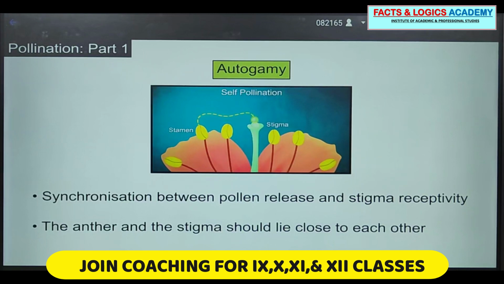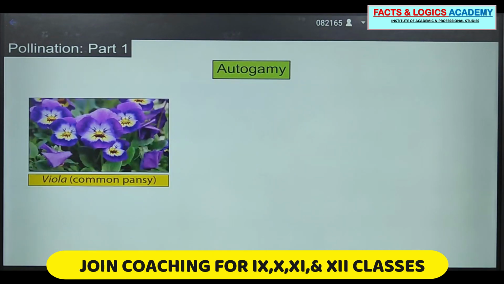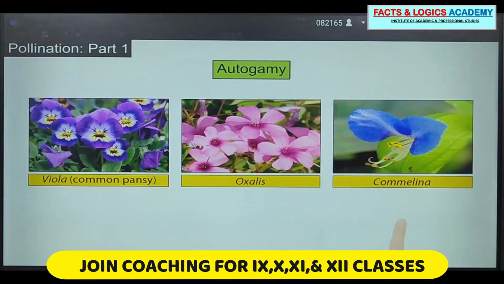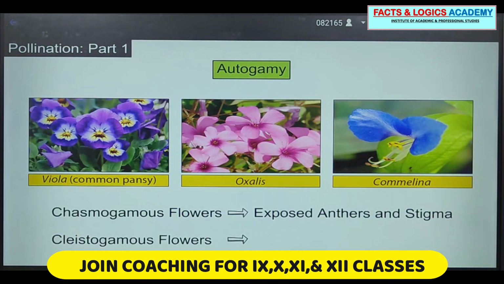Here, let me tell you something interesting. Some plants such as viola, common pansy, oxalis, and commelina produce two types of flowers: chasmogamous flowers, which have exposed anthers and stigma, and cleistogamous flowers, which do not open at all.